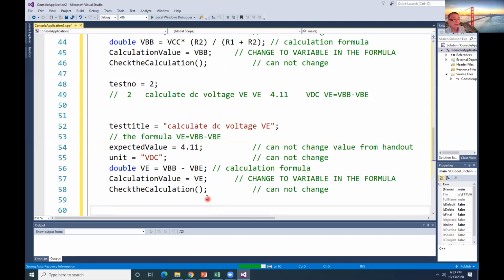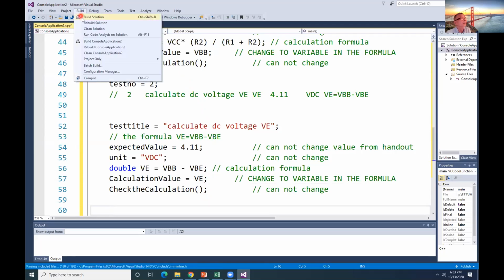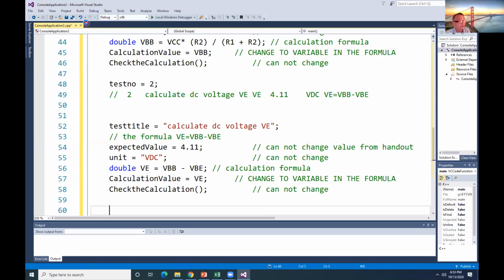Okay, now after you get to test, compile and run. Build. You can rebuild or build, doesn't matter.